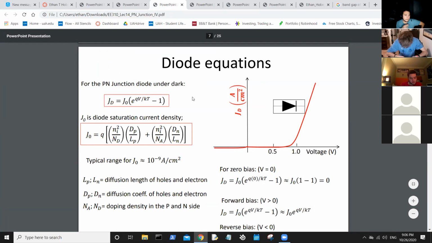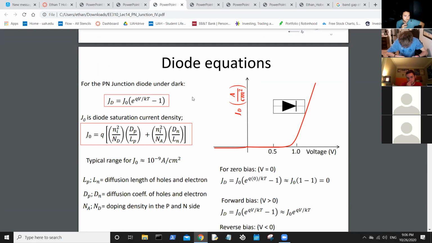JD would be 1 milliamp, J naught is 1 nanoamp, and you just solve for V. When you take the natural log to get rid of the exponential, and then you just manipulate it to solve for V, you get like 0.35 volts roughly.